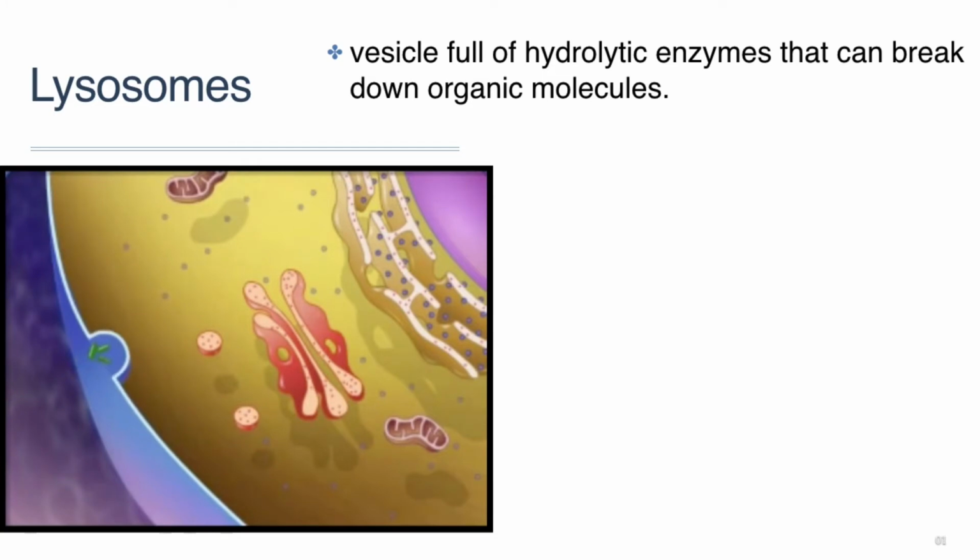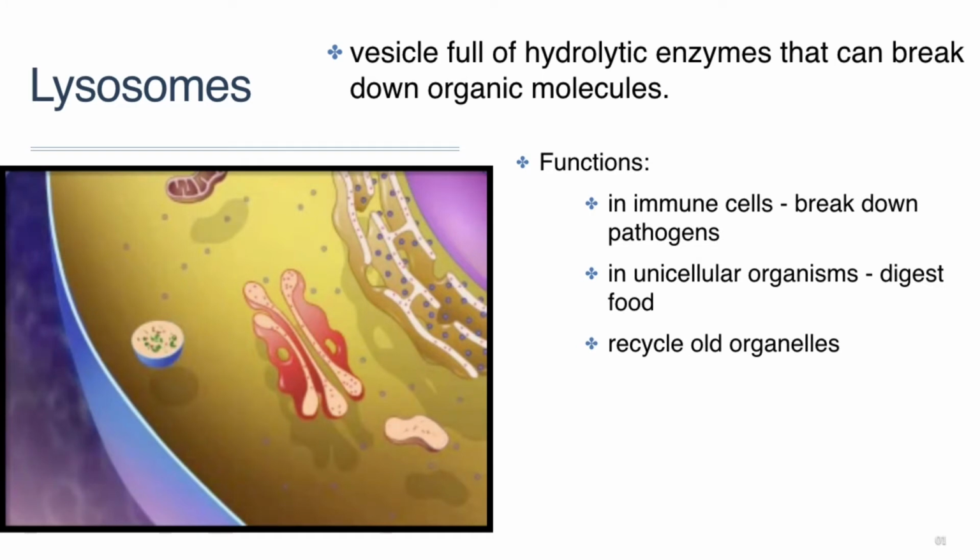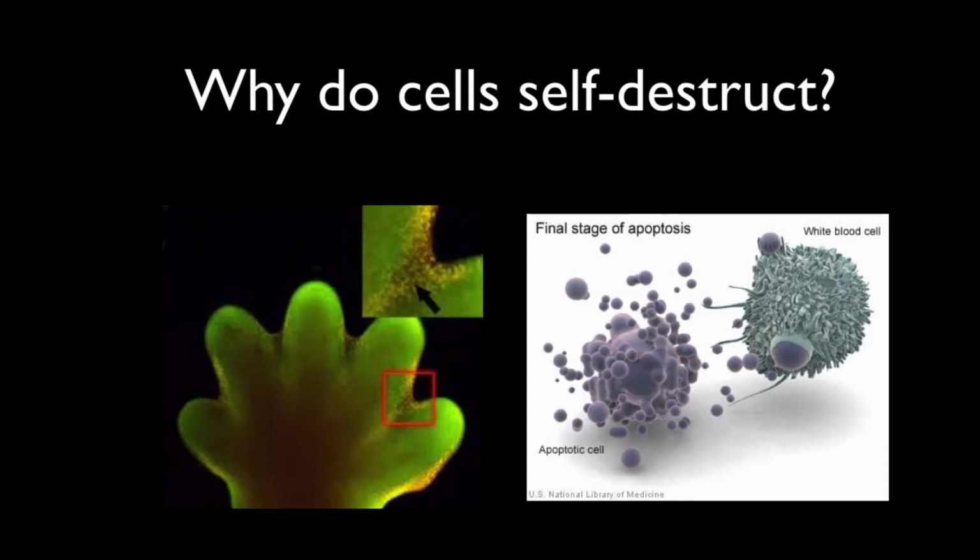And from there, the lysosome will float in the cytoplasm until they are needed, like, for example, to break down invading bacteria, or to digest some food, depending on the type of cell that it is. Also, it can be used to recycle old organelles, like, for example, this mitochondria right here. Sometimes the lysosomes are used to break down the cell itself, a process of cell suicide called apoptosis.